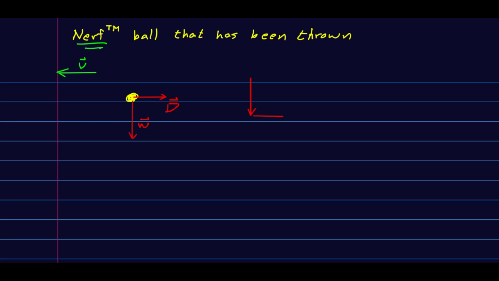And so there we go, there's our vector sum, there's our weight, and there's our drag. And the net force then points down this way. And so that's the direction that the ball will accelerate, down and right, as it moves to the left.